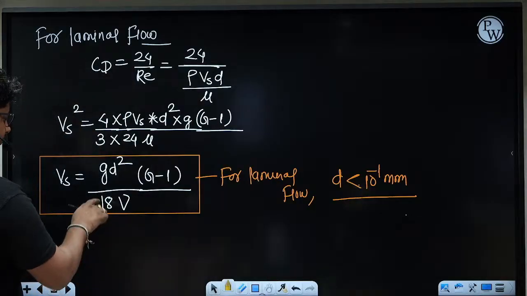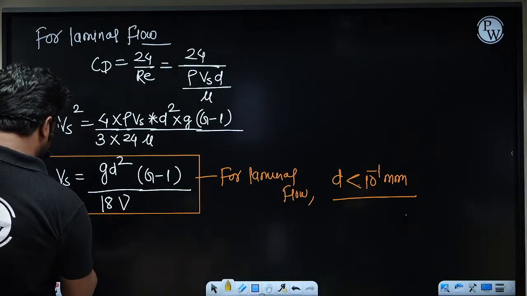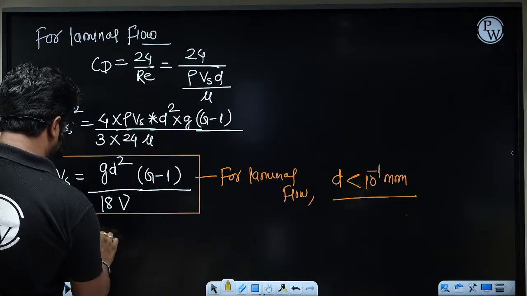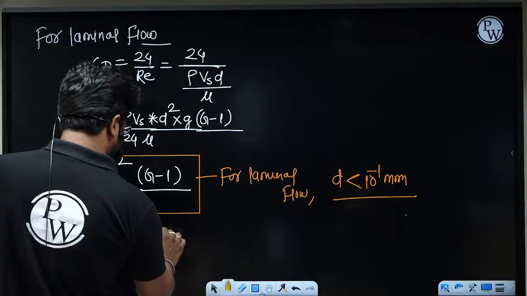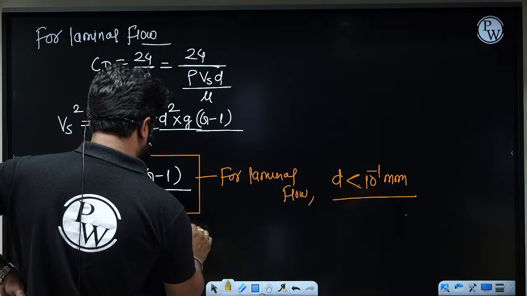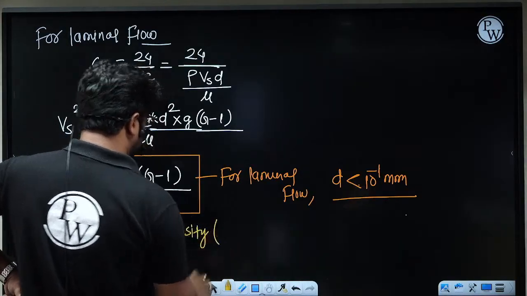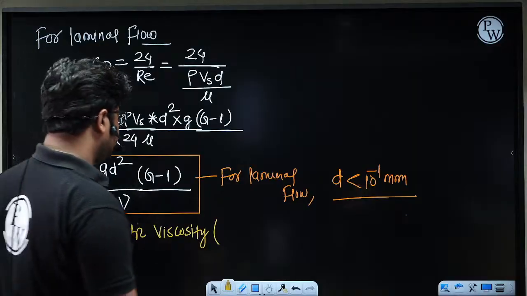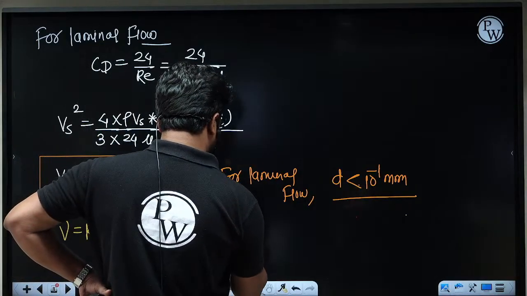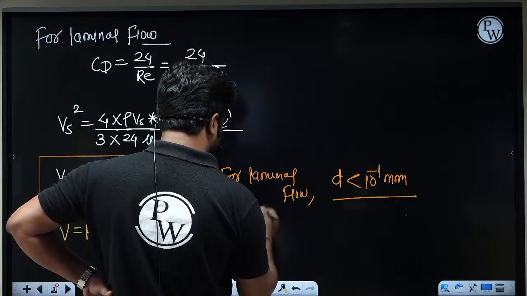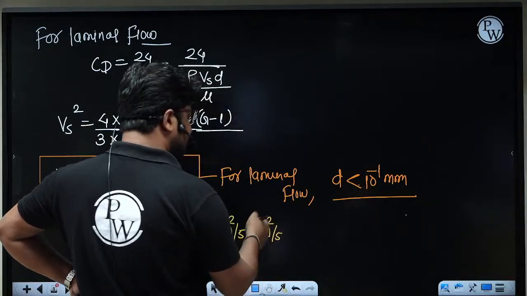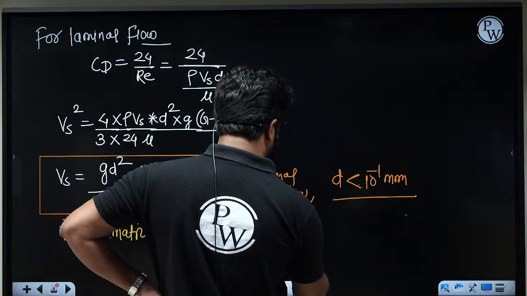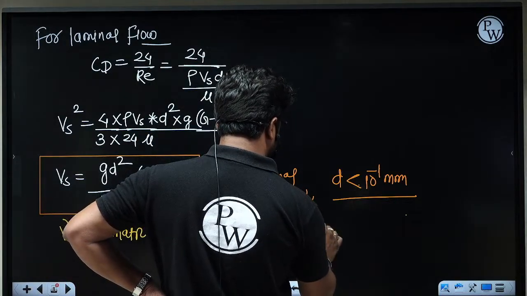Now here one new term, which is the kinematic viscosity. The SI unit will be meter square per second. In CGS, it will be centimeter square per second, which we are also calling Stokes.